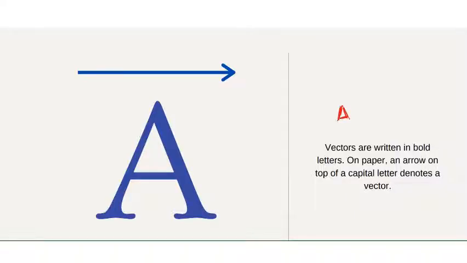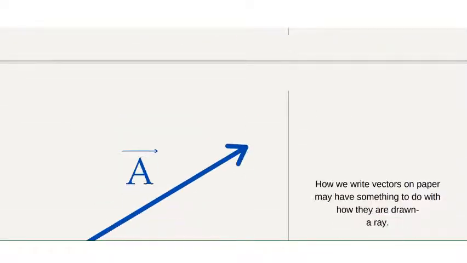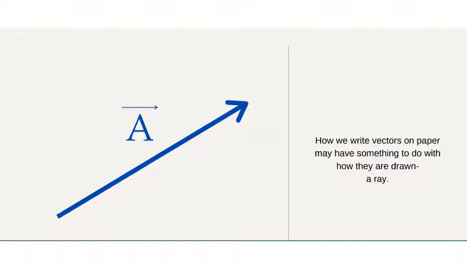So in some books, naka-italicize siya, tas ganyan, basta may arrow siya sa taas. Now, how we write vectors on paper may have something to do with how they are drawn. Kasi ang pag-draw ng vectors is an arrowhead. So, ibig sabihin, parang ginawa na lang siya para mas madali sa part natin.